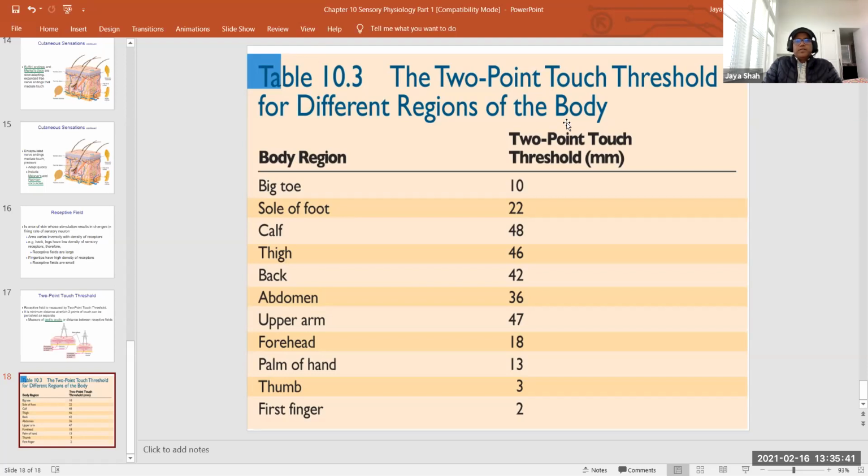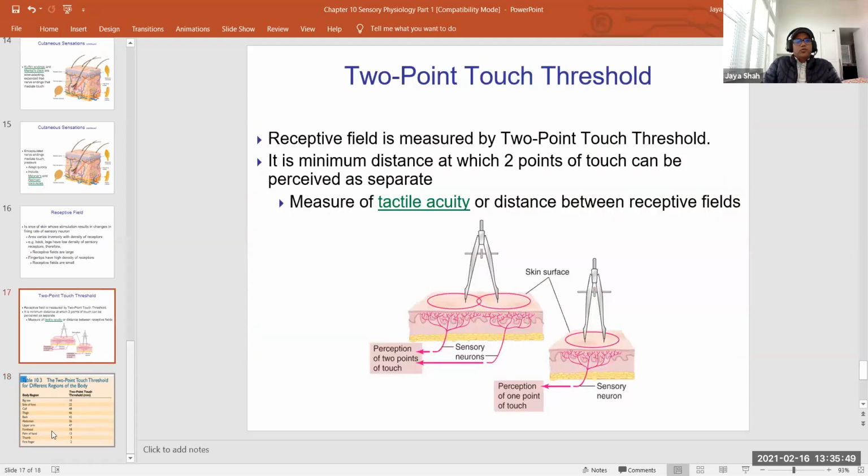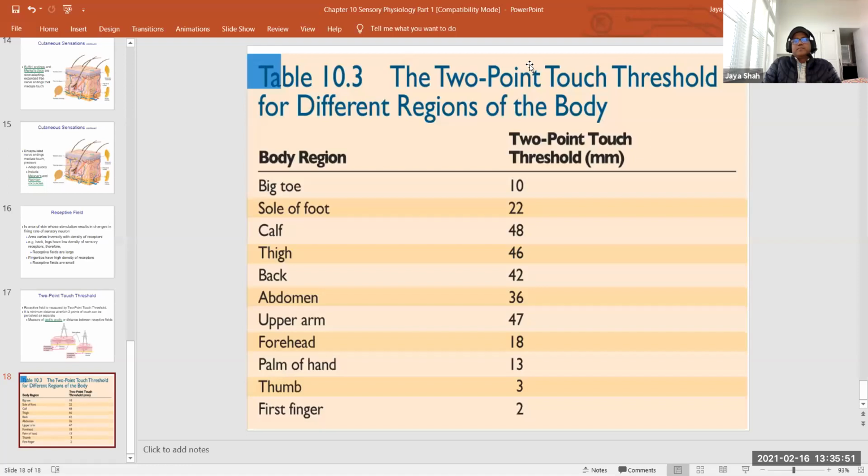So this is body region. This is 2-point touch threshold in millimeters. I'm going to pick individuals today, so you have to answer. When I ask somebody's name, that person needs to answer the question, okay?